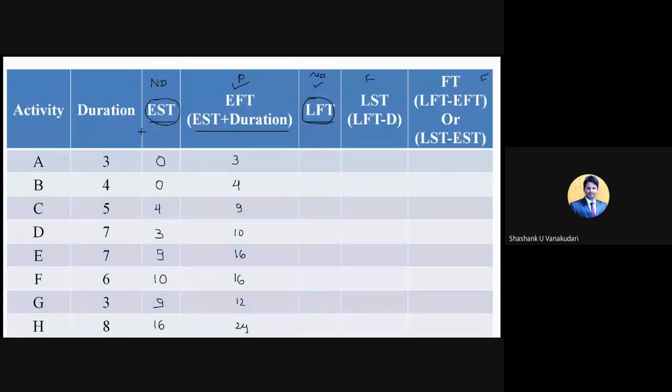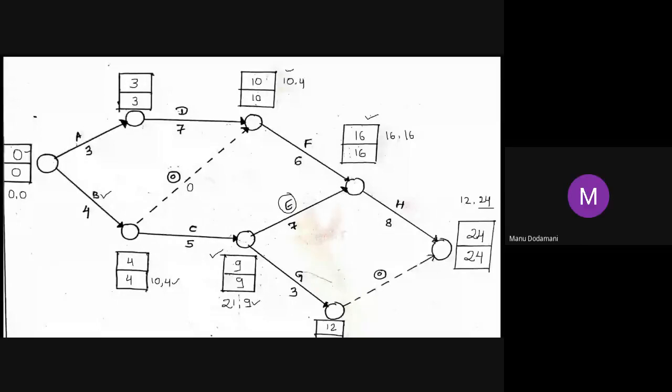So for A activity, what is the LF value? 3.